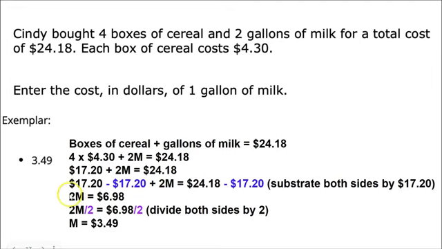So since it's being multiplied by 2, we have to divide by 2. And 2 divided by 2 is equal to 1. What you do on one side of the equation, you have to do on the other. And so 6.98 divided by 2 is equal to $3.49. And that is how we get to the final answer.